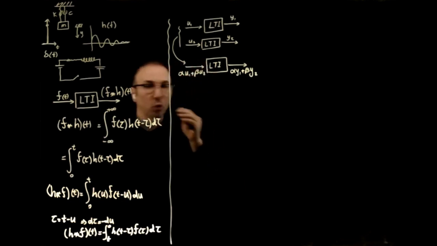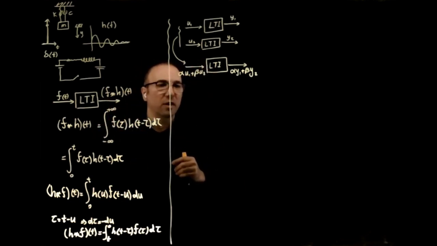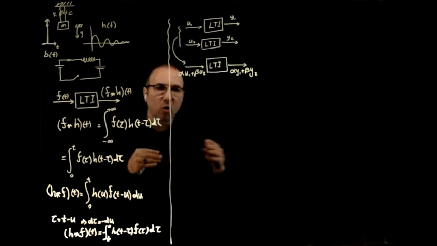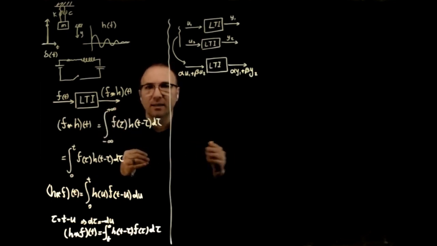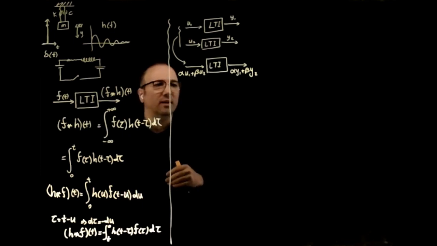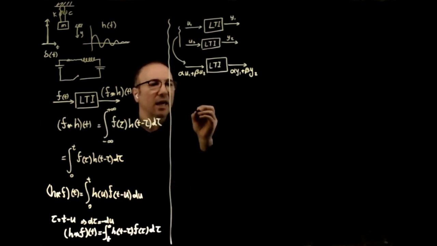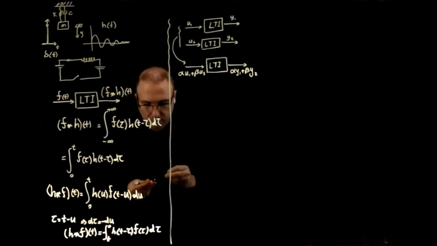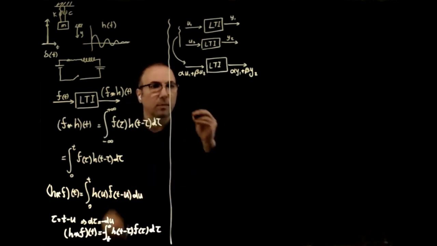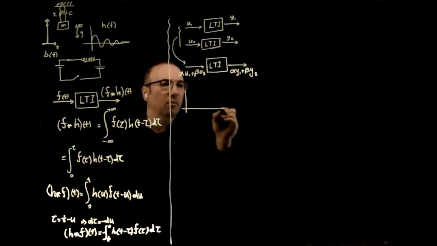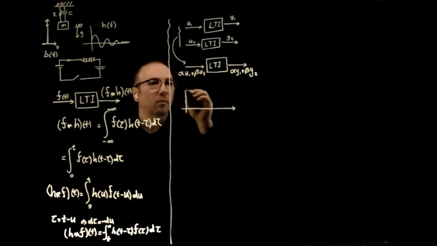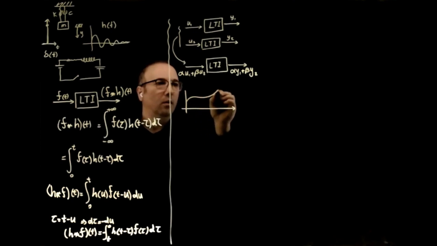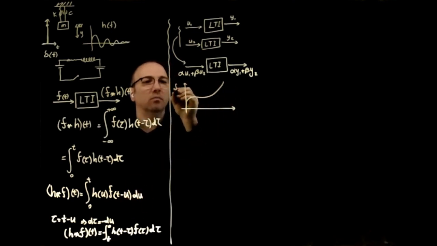So now we want to use this to come up with the convolution. First, we go over it mathematically a little bit, and then conceptually, what does that mean? So let's say the input is some function, f of t.